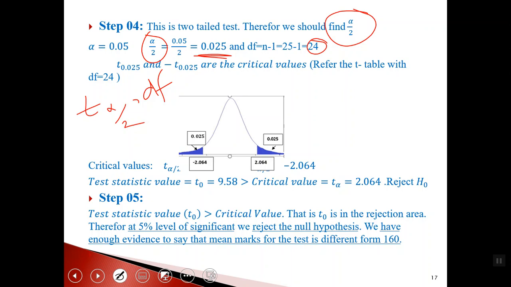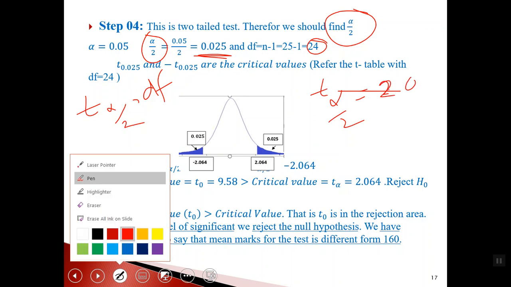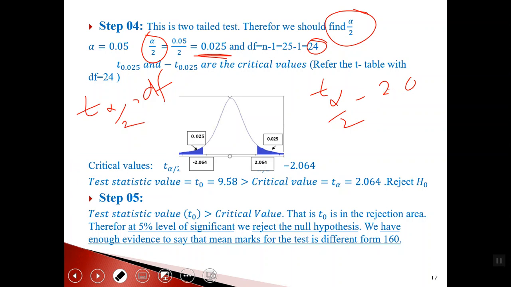So here t alpha over 2 value is 2.064. Okay, since you know what is t alpha over 2, you can figure out easily what is negative t alpha over 2. Change the sign. So these are the values. Clear?